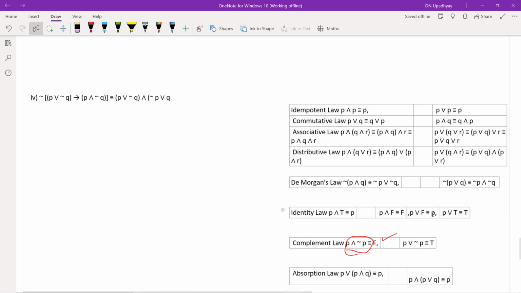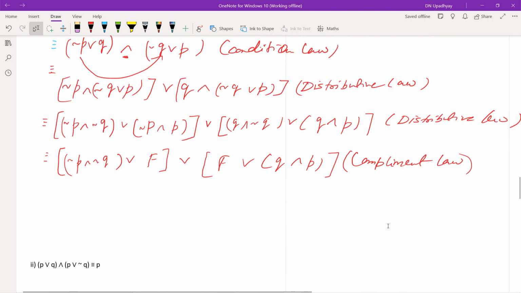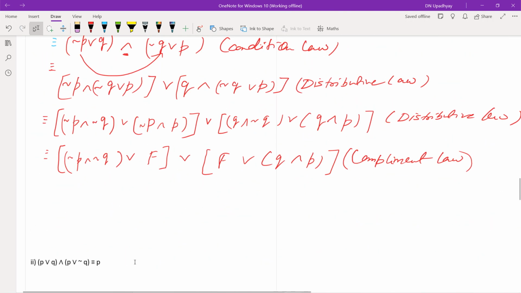Now F or something, F or any statement will be, see after complement law we are going to use identity law. F or something will be the same thing, identity law. So identity law.